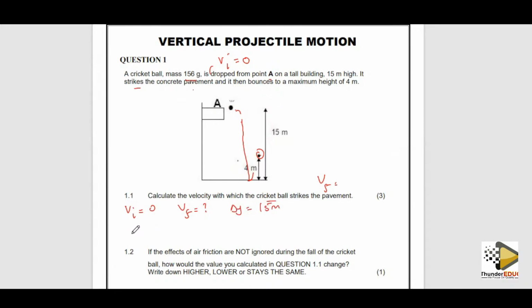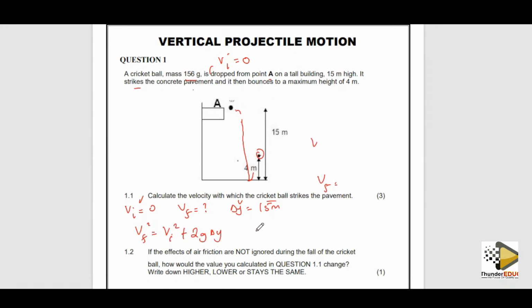Then we need to select which equation we are going to use. Since our focus is v final, we have the v initial and we have the displacement. So the equation to use would be vf squared is equal to vi squared plus 2g delta y, since the object is being dropped and I'm taking positive to be the downward motion.